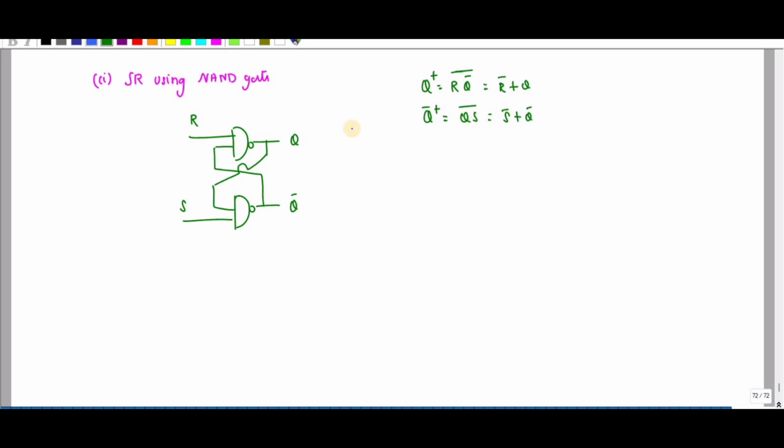So now let me write the truth table. S R q plus and q plus bar: 0 0 0 0, 0 1 0 1, 1 0 0 1, 1 1 0 1, and so on. So what is q plus? It is 0, this is 1.